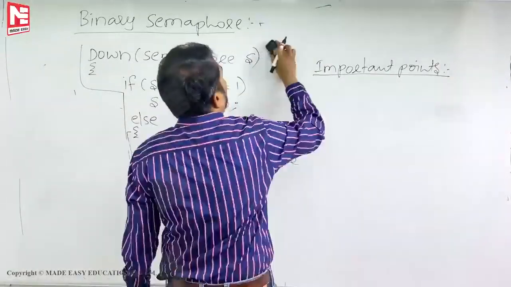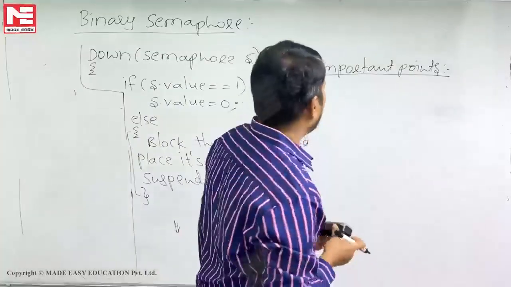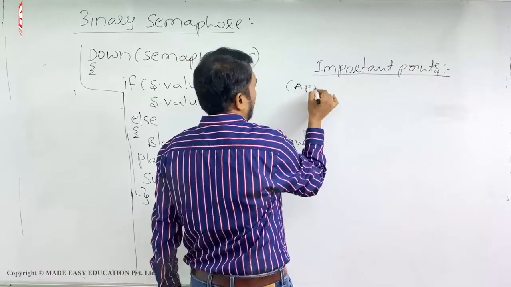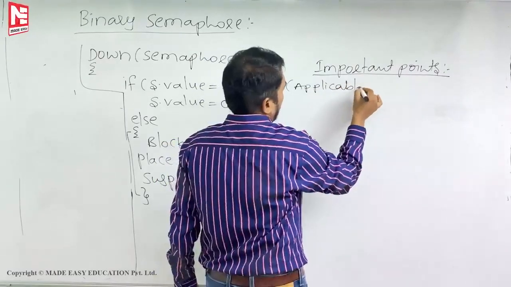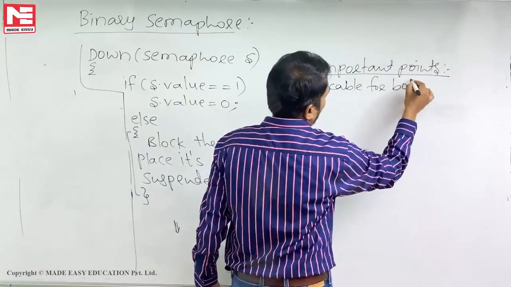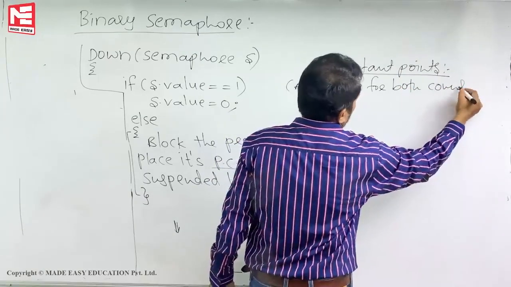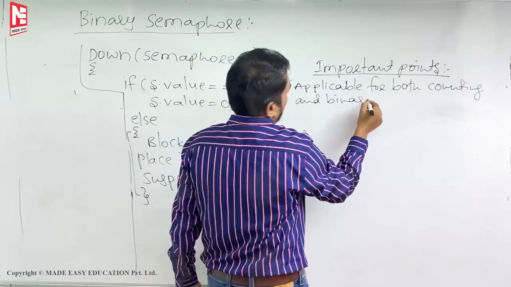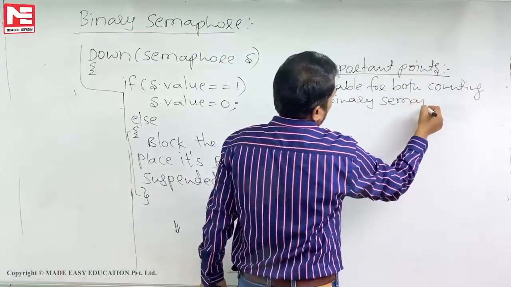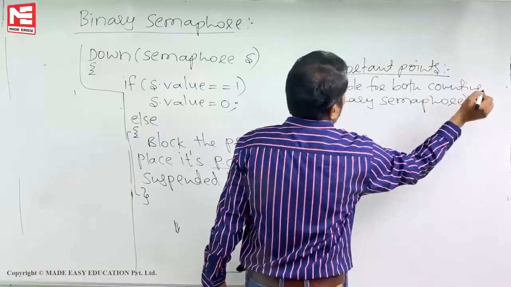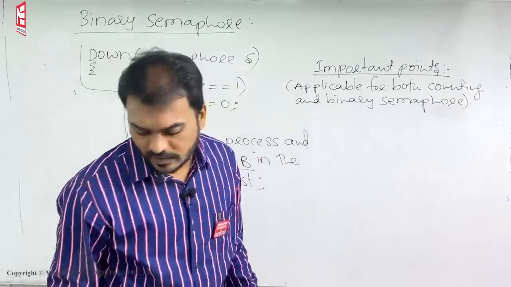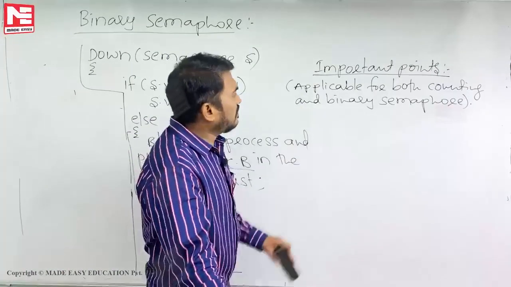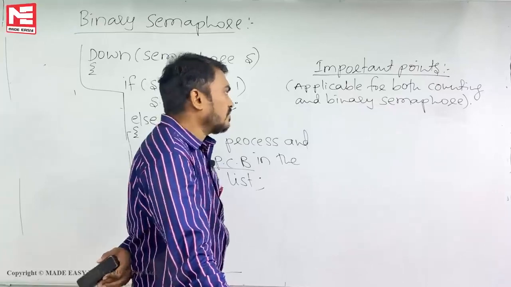Okay, so keep the heading important points, and यहाँ पे लिखो, braces में लिखो, applicable for both counting and binary semaphore. So इसका मतलब जो भी important points अपन लिखेंगे, that's applicable for both counting and binary semaphore.